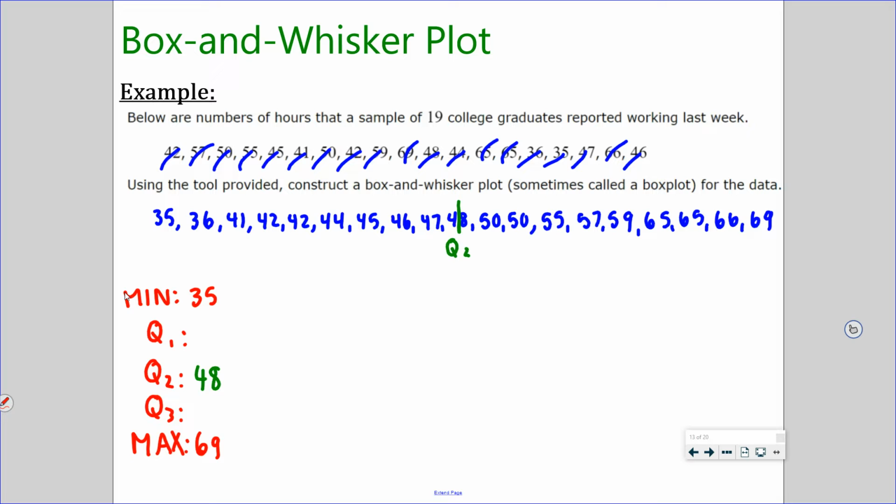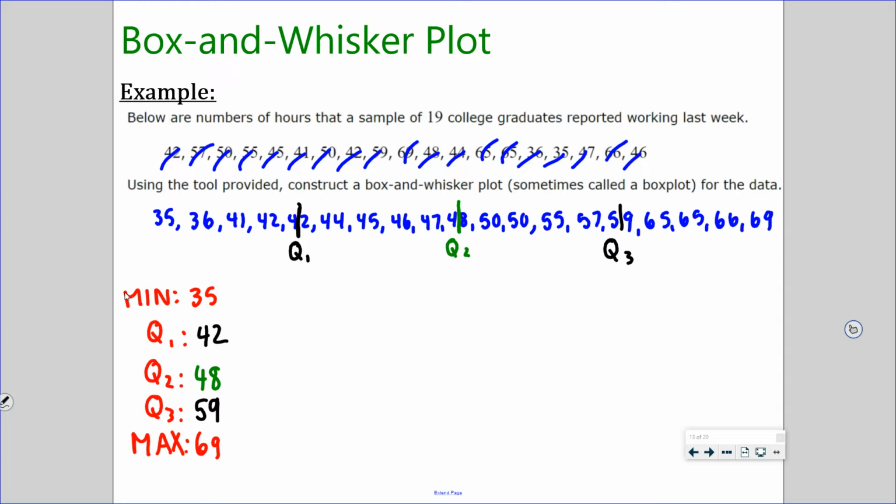As a review, lower quartile Q1, that's how we abbreviate that, is just the median of the lower half. So ignore 48 and you just find the median of this one. Just 42. Bless you. And then my quartile 3 is the median of the upper half. So working my way in, 59. It's my upper quartile.